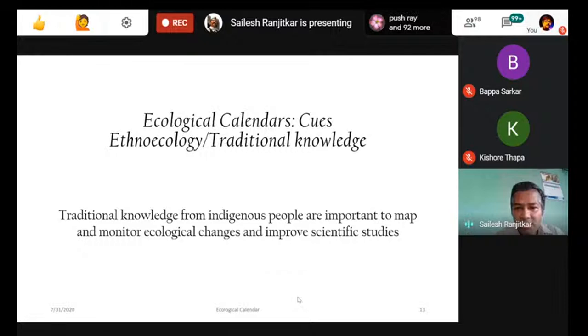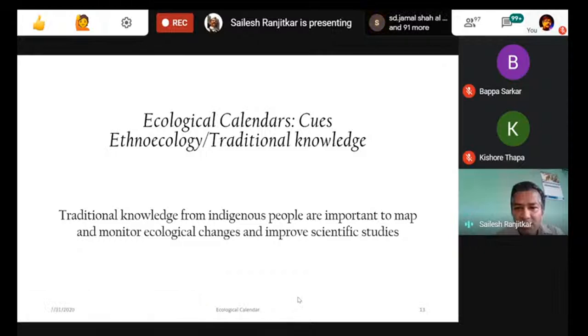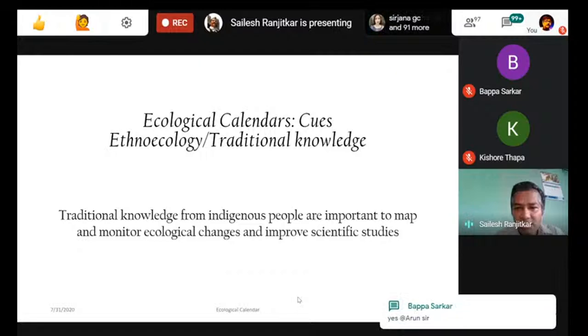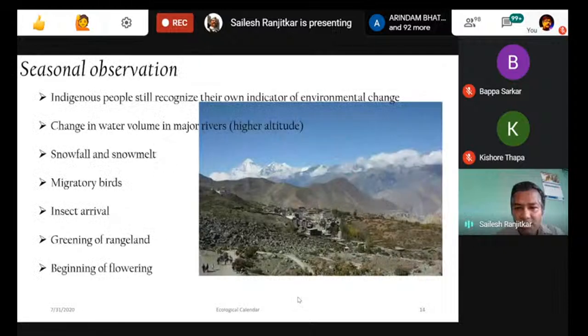The first important source is traditional knowledge from indigenous people, which is very important to map and monitor ecological change and improve scientific study, because we are trying to get certain information based on a certain local area, and in that area these indigenous people have been living for a very long time. They have very good knowledge about the surroundings, about utilizing and observing the surrounding resources. So they are a very good source of information. That's why they are important, for what they can provide.